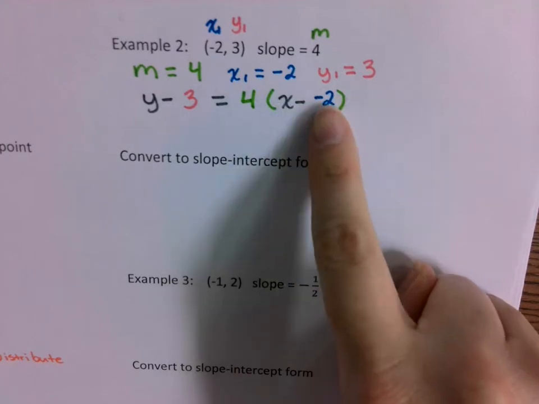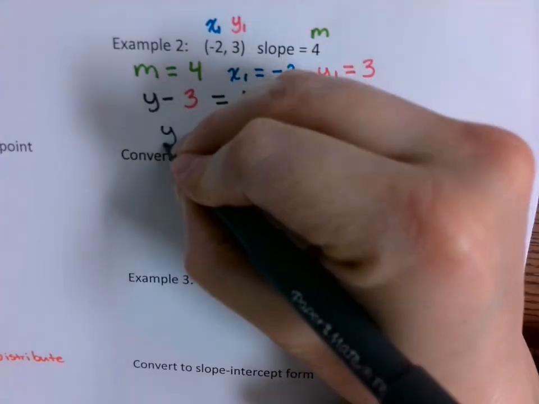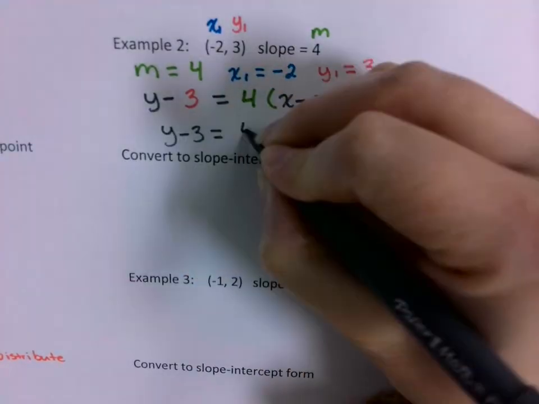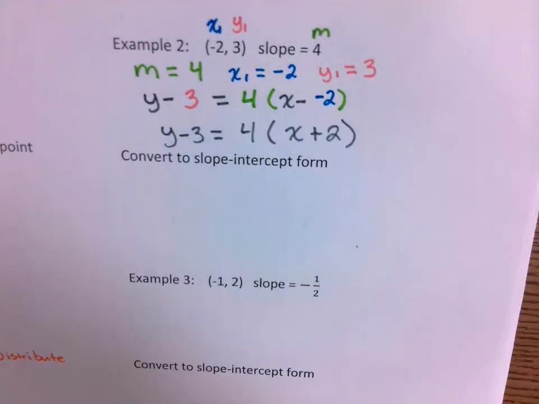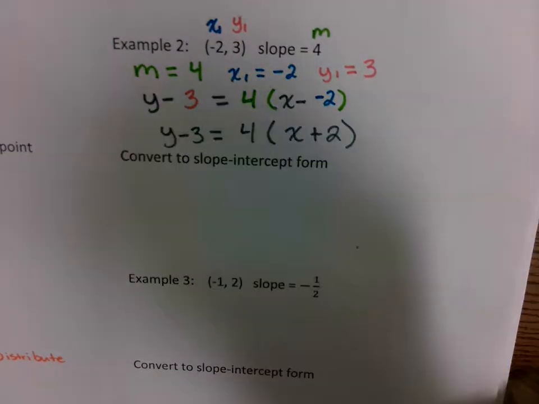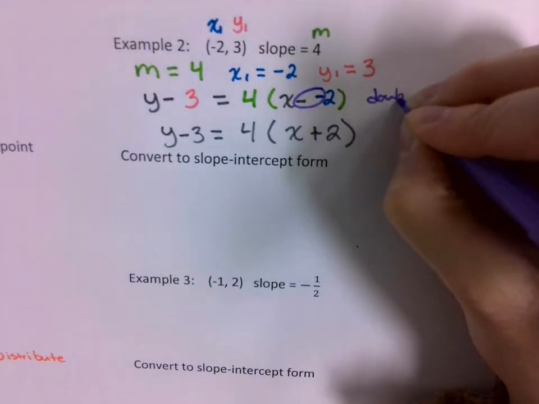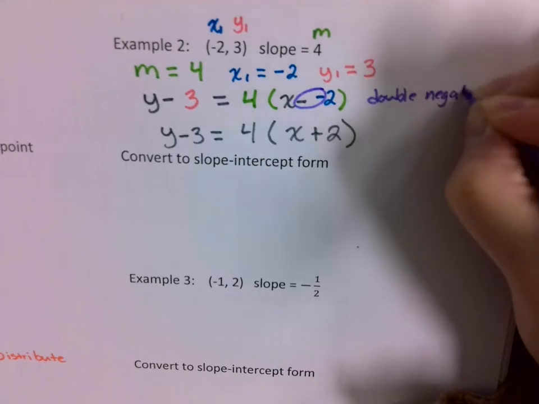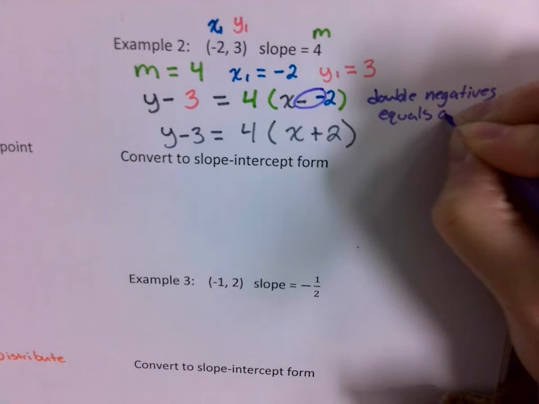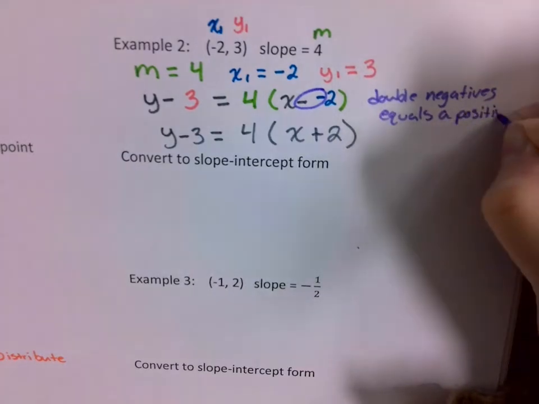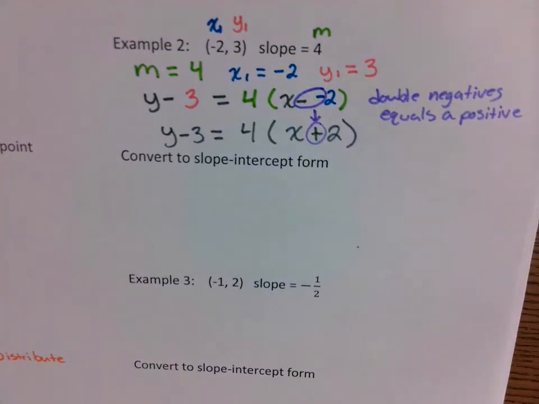So let's go ahead and rewrite that as y minus 3 is equal to 4 times x plus 2. Double negatives will equal a positive. So you want to make sure that you're aware of that.